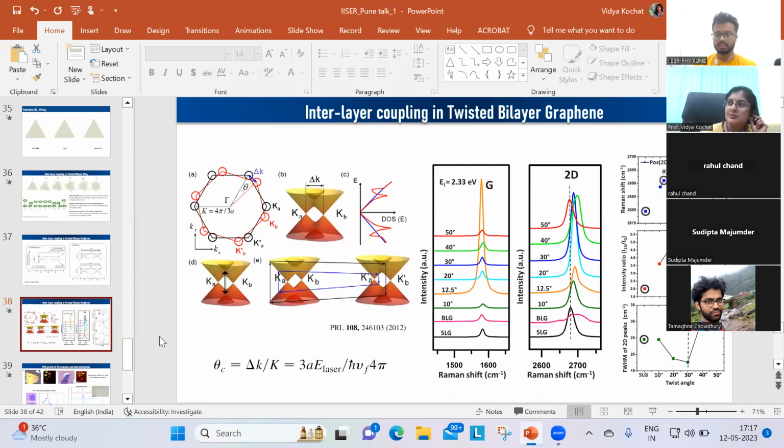Okay. And does the thickness of HBN play a role to pick? Actually, it does, because for the case of graphene, we have been able to pick graphene even with some monolayer HBN.